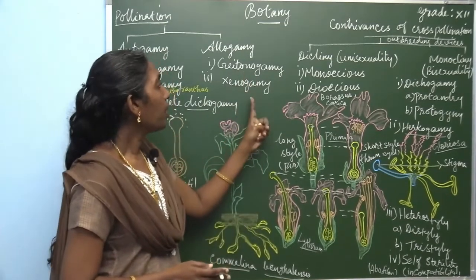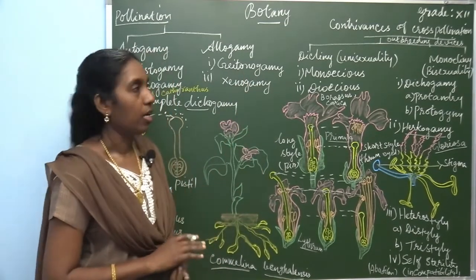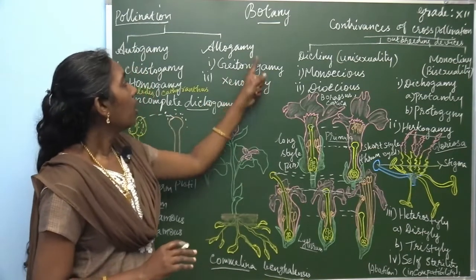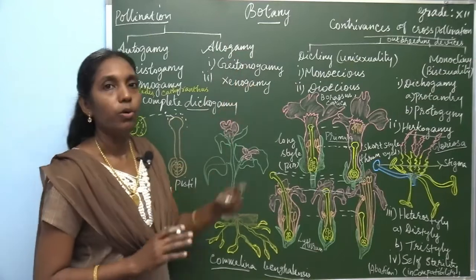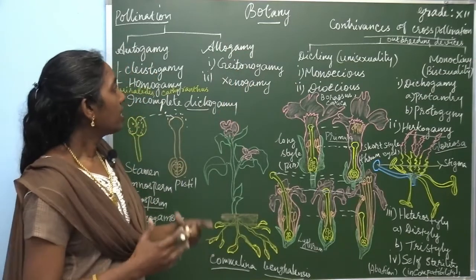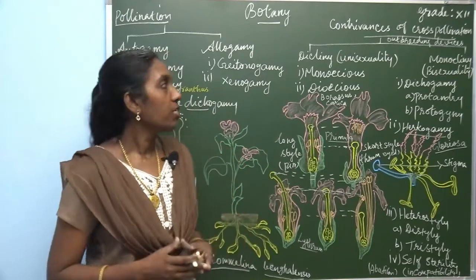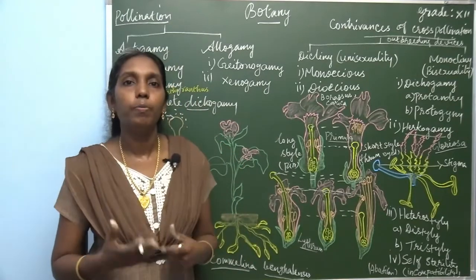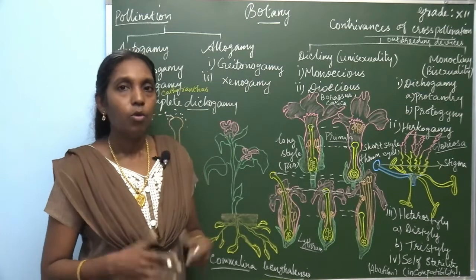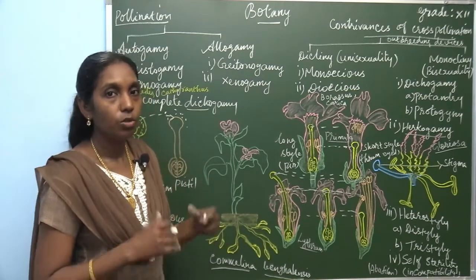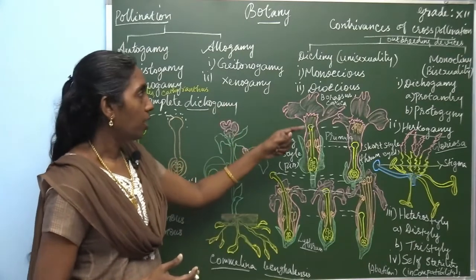So geitonogamy and xenogamy come under the types of allogamy. Now let us see some contrivances of cross-pollination. Contrivances are otherwise called outbreeding devices. There are some contrivances to promote cross-pollination.